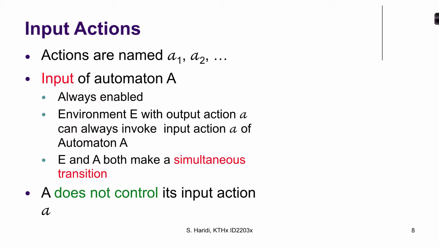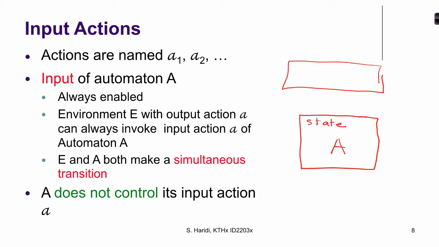So let us look at what I just said. An input-output automaton can be described as a box which has state, and so this is input-output automaton A, and it interacts with its environment, this is the environment E, through actions. And we have different types of actions.